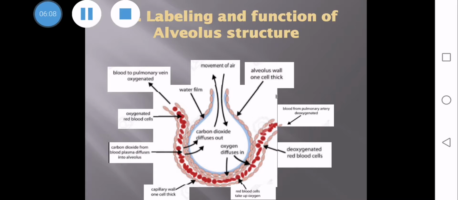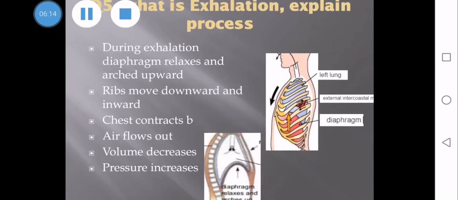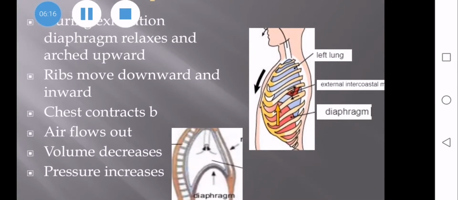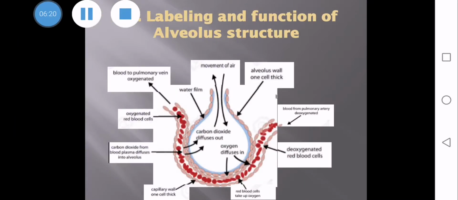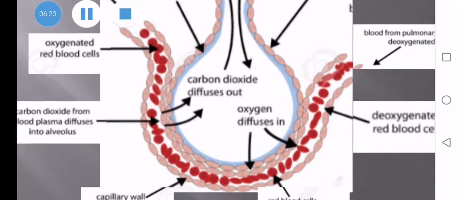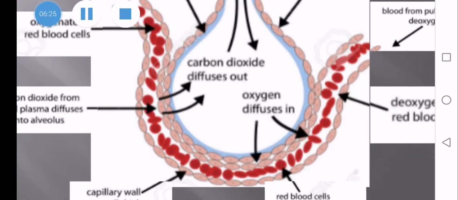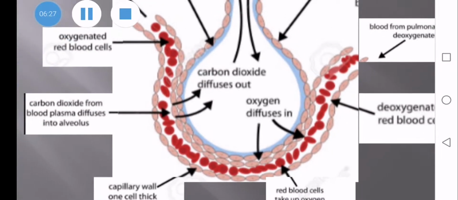Here is how you can label and what is the function of the alveolar structure, which I told you right now. What's happening at the end of the lungs, the end portion, is actually the alveolus structure where the diffusion of the gases is happening. So here you can see how the carbon dioxide present in the blood diffuses out and comes inside the alveolus, and the oxygen which goes from the lungs to the bronchi and then the alveolus enters into the red blood cells.